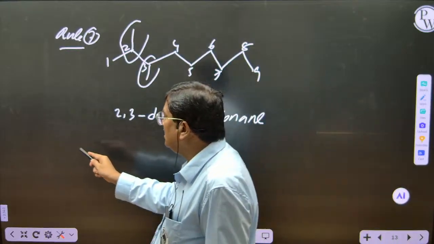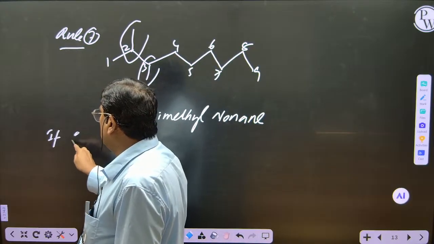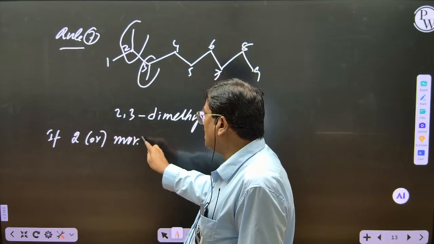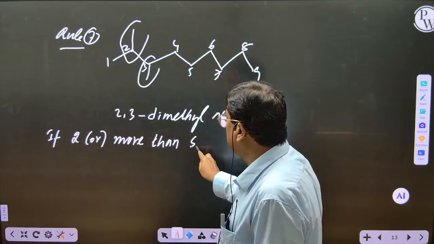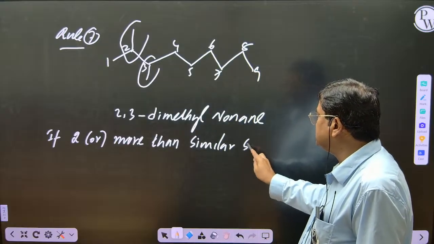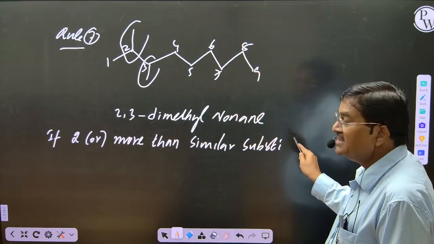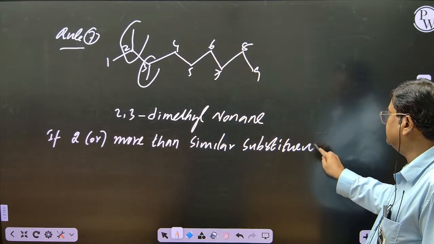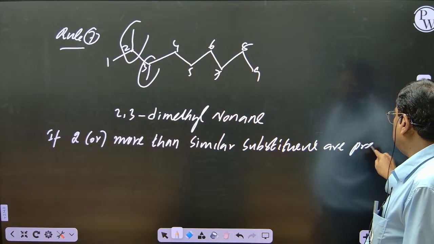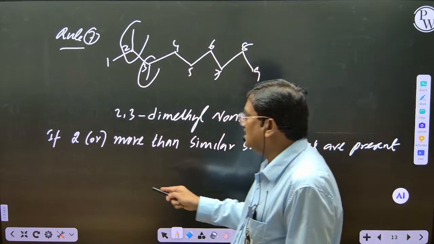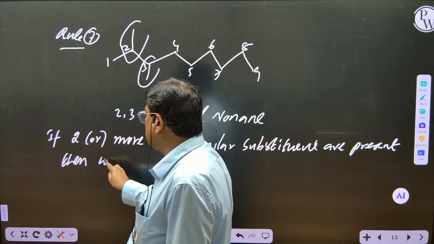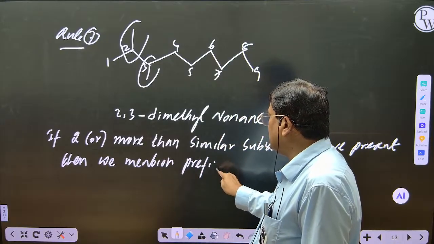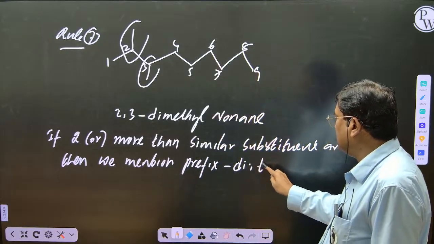So here write the rule. If two or more similar substituents are there, then we use the prefix di, tri, tetra.